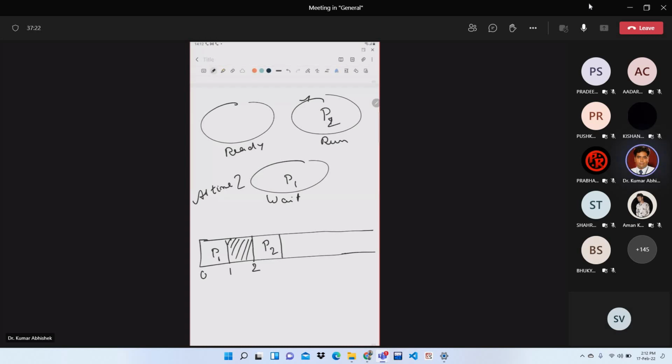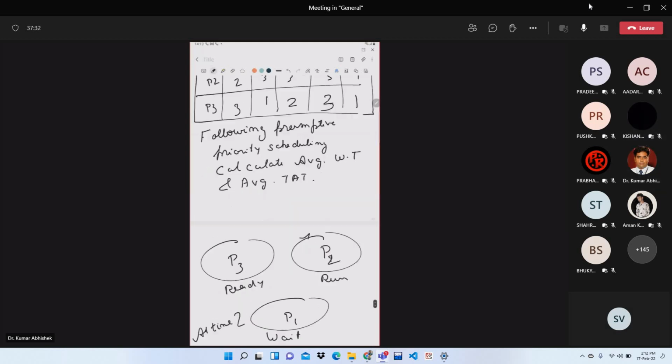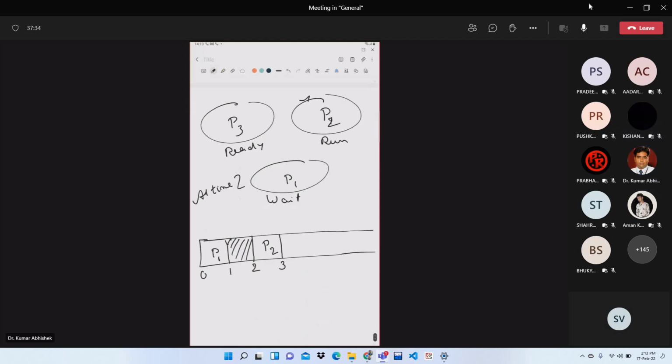till time 3. What happens at time 3? At time 3, we have P3 in it. So what will happen? P3 will go to run state and P2 will move to ready state. Okay, like this it will go.